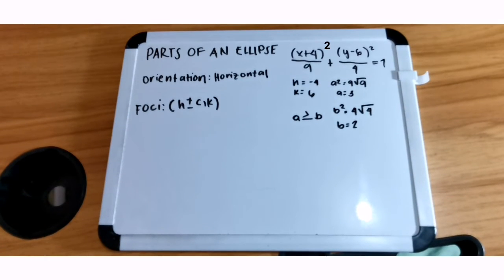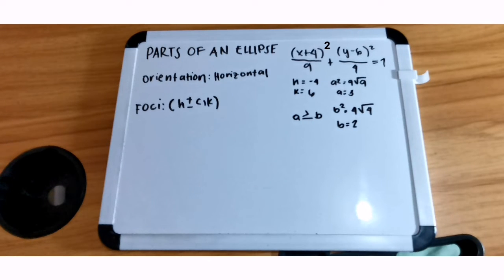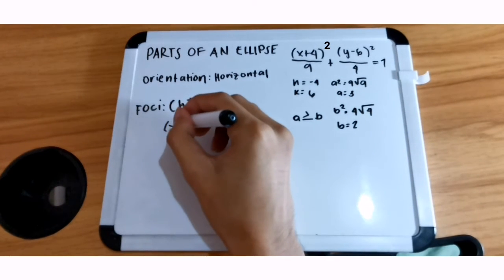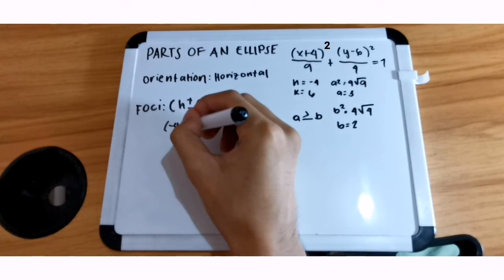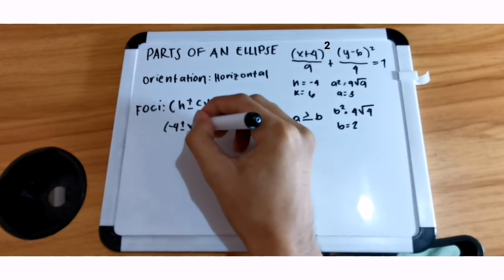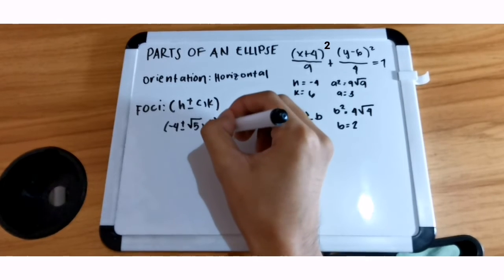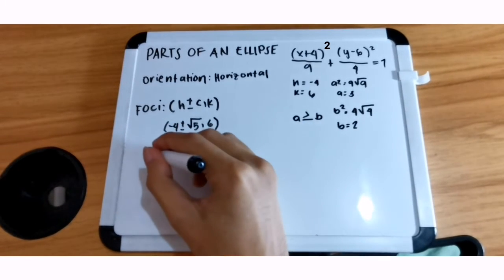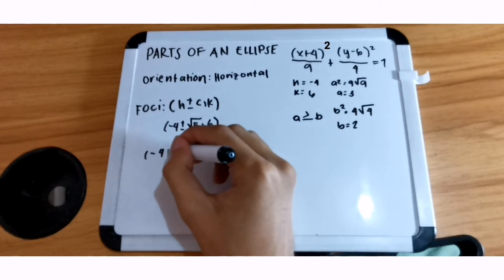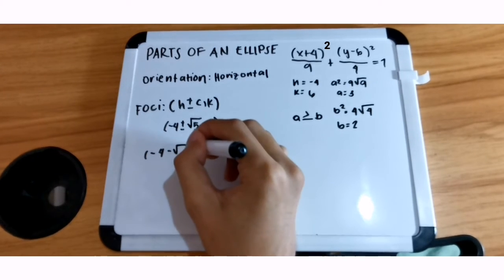So let's move on to the foci. So the formula of foci is (h plus or minus c, comma k). Okay, so for the value of h, which is negative 4, and then copy the positive and negative sign, and then the value of c, which is the square root of 5, and then the value of k, which is 6.